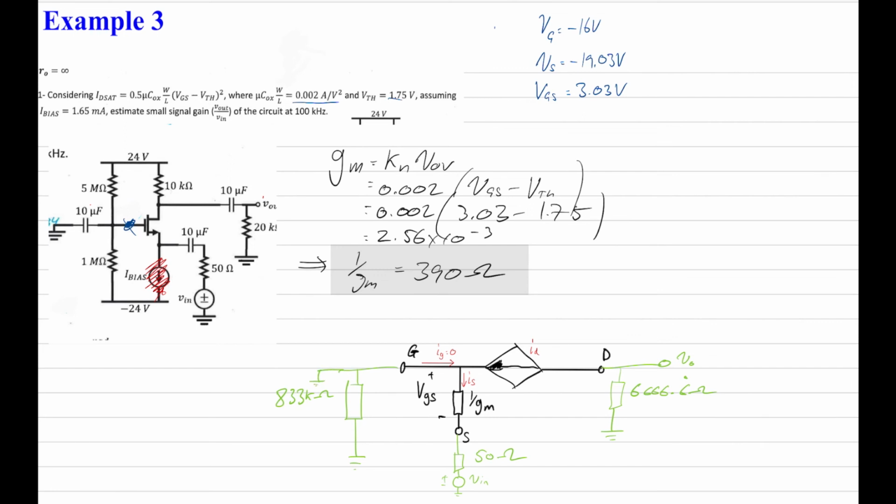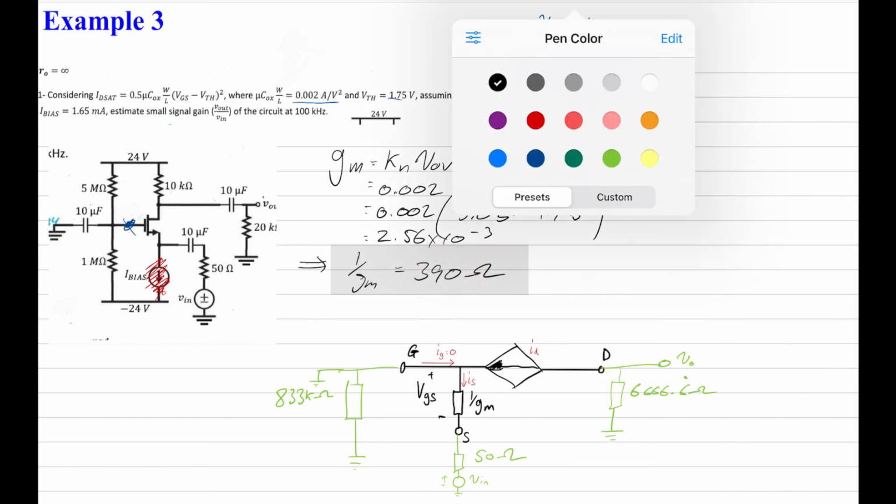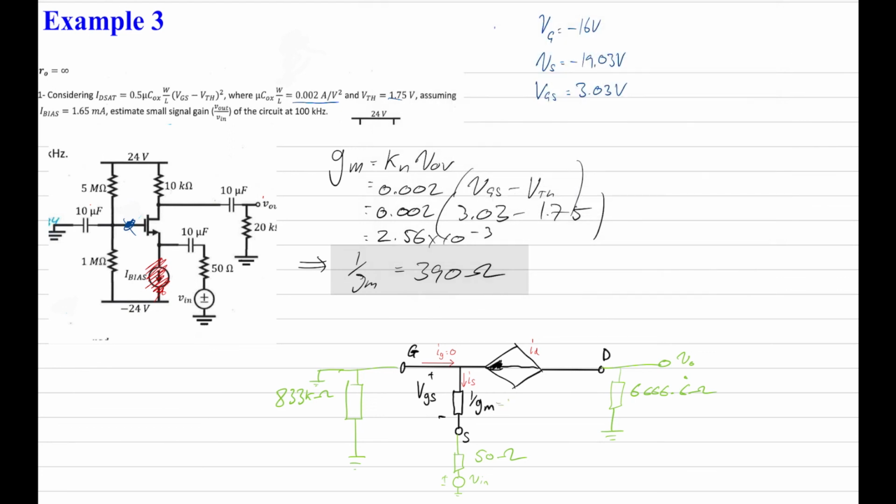So the question that we have to ask ourselves now is, oh sorry, forgot to put that resistor in there, 390 ohms as well. So we'll just pop that in, and we'll say 390 ohms, okay? And that's going to be the resistance of the source resistor over here.